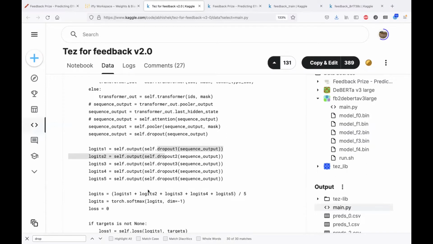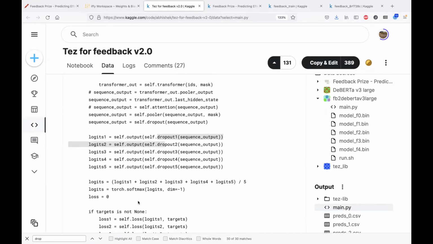And so here's another difference between what he's doing and what I've been doing, which is taking the logits from these 5 branches to make a prediction. He takes the average of these 5 logits and then applies the softmax layer.